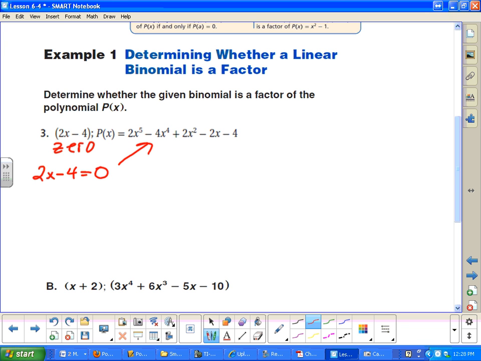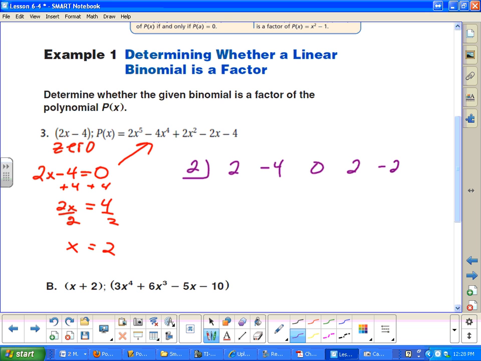So if I solve this, we add 4, divide by 2, get x equals 2. So 2 is the number we're going to use, because that's what causes this to be equal to 0, and see if I get 0 when I do synthetic substitution. So we'll put the 2 in, and 2, -4, 0 because there's no x cubed, 2, -2, -4.